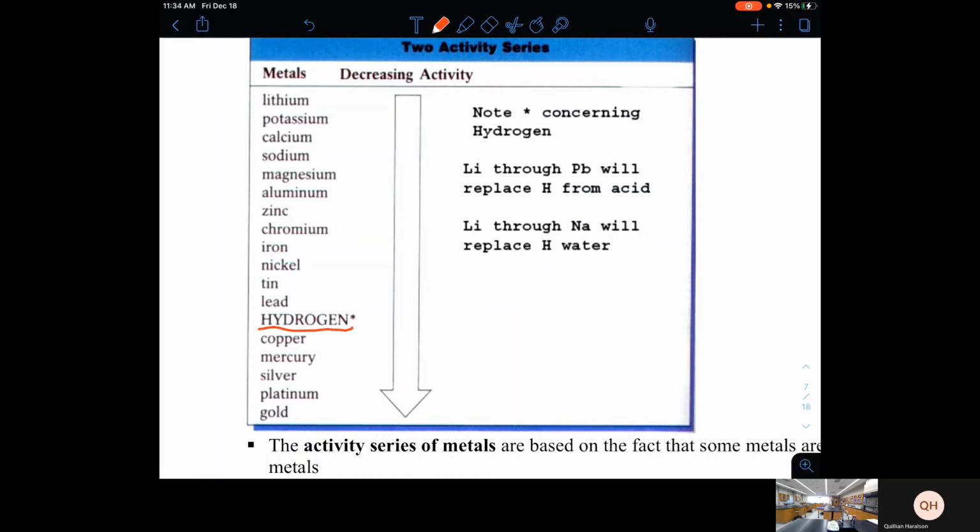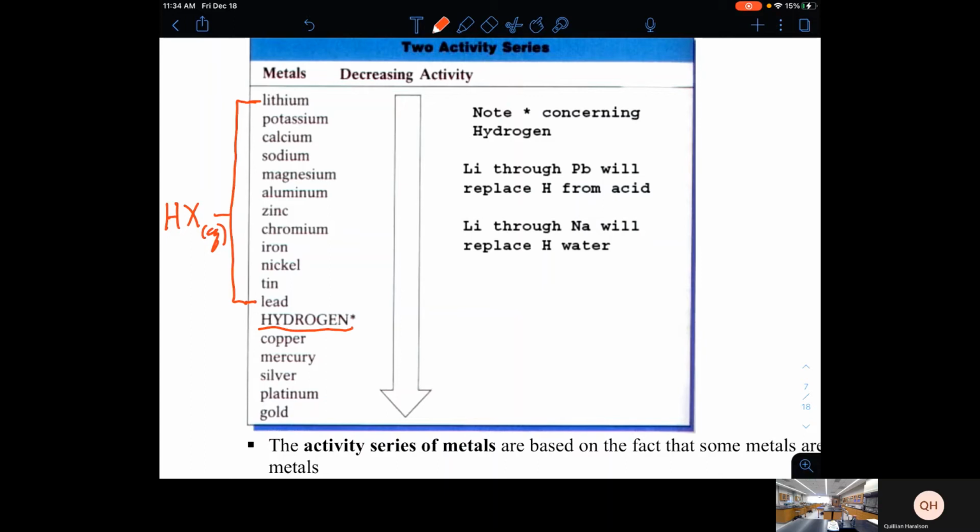One of the notes is simply saying that lithium through lead, so lithium all the way down here to lead, so all of these elements, our metals, are capable of bumping off a hydrogen inside of an acid. And remember, the basic backbone of an acid is some hydrogen attached to the X, which is our anion, and it's in the aqueous state. So these metals can bump the hydrogen off if we had an acid in a single displacement reaction.